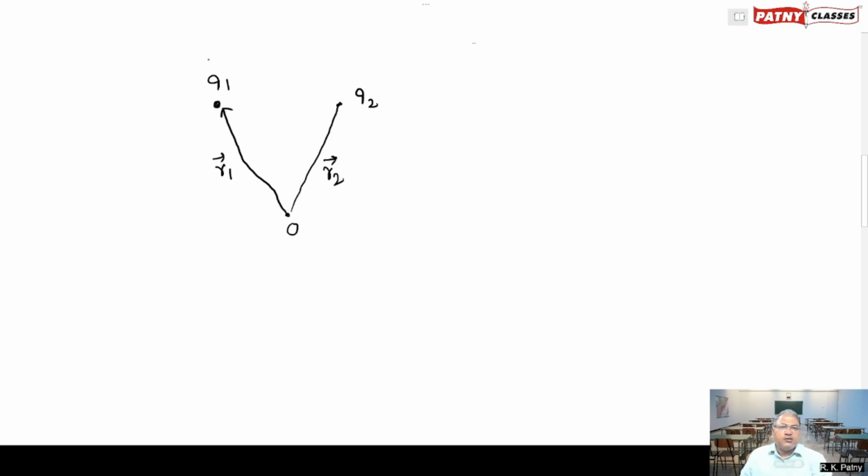Both the charges are positive, therefore there is a force of repulsion and the charges are moving in opposite directions like this. This was the force F21 vector and this was the force F12 vector. And now join these, there are two vectors, one is R12, another is the vector R21. So this is the summary of the entire story I just told you with the help of animation.